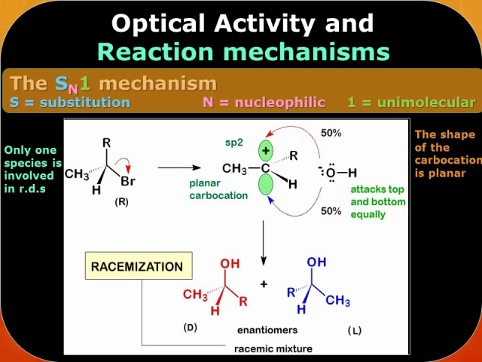A mixture that has two enantiomers in equal amounts, what do you call it? Racemic mixture. Here the product is a racemic mixture and it is called racemization. Understood, children?